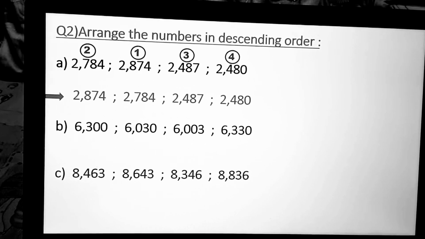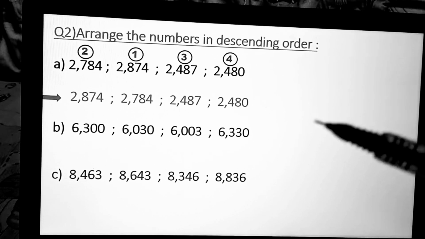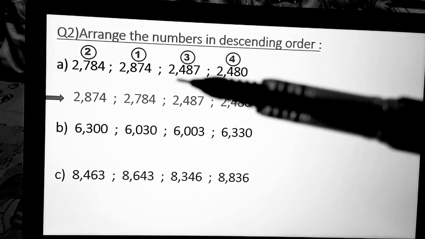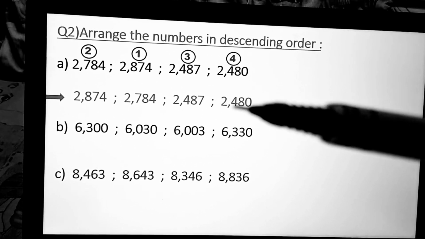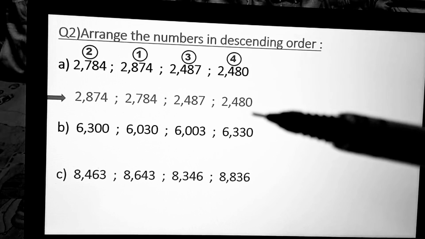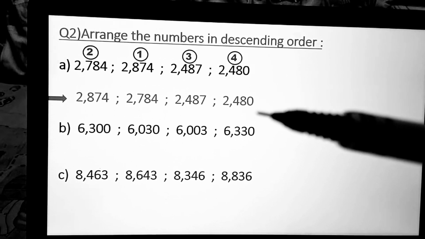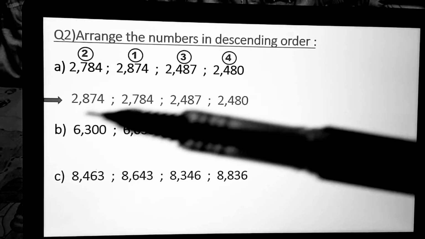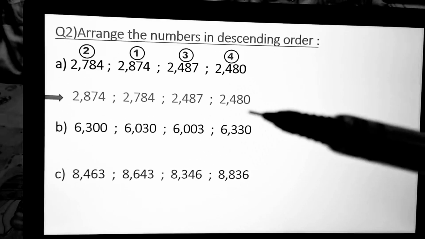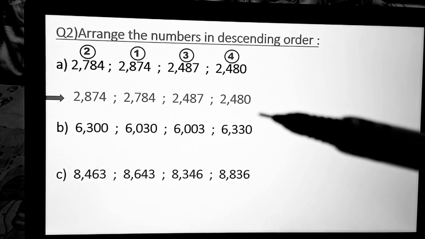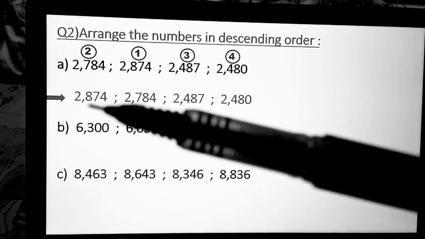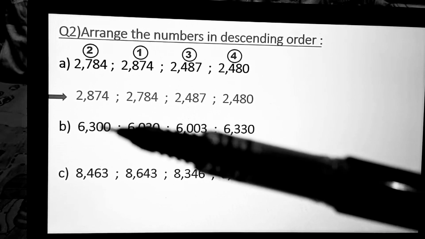So which is greatest, 7 or 0? 7. So you write the number 2487 and then at last we write this number 2480. So we are arranging number from greatest to smallest. Okay, so we have to find the greatest number first and we will write it at first.